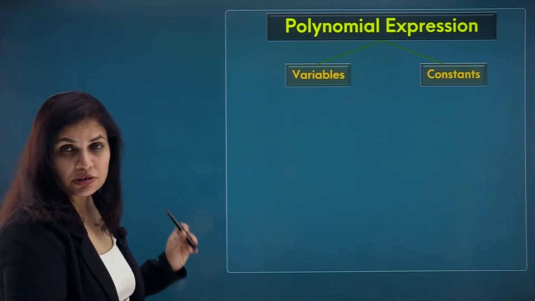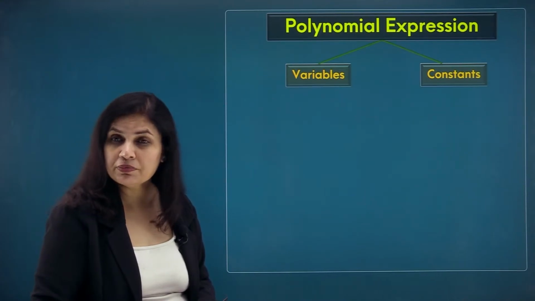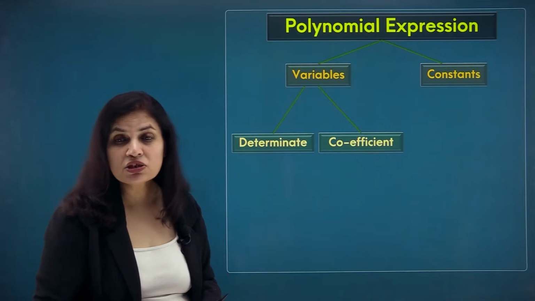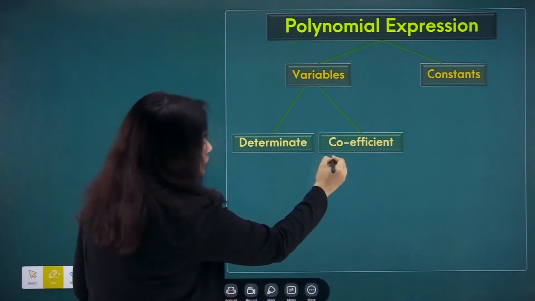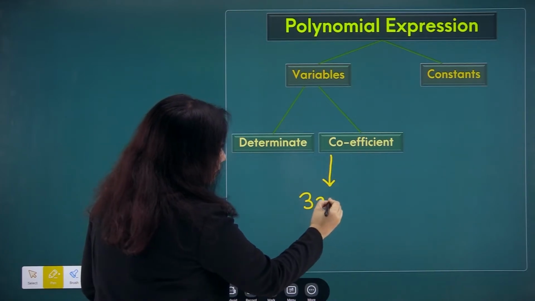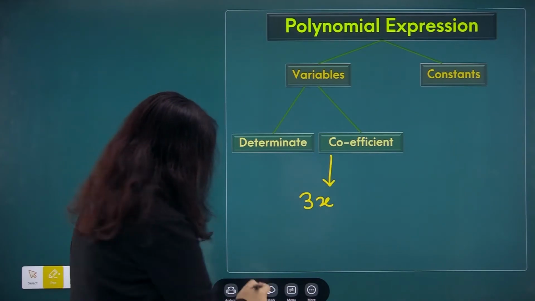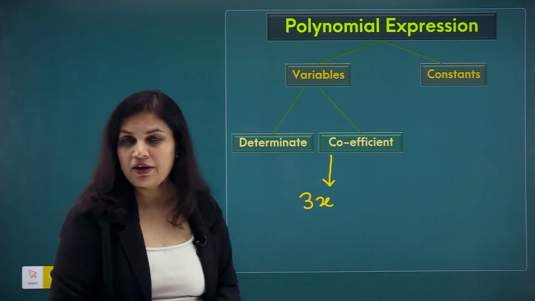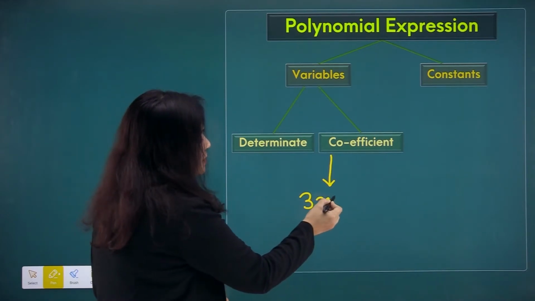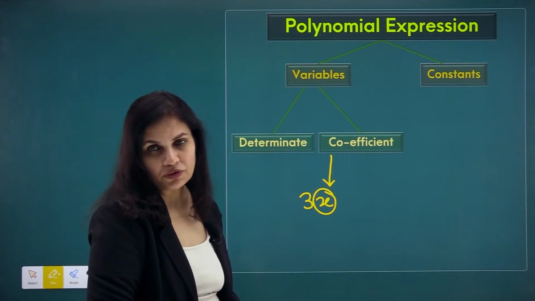Polynomial expressions. As I told you, a polynomial expression consists of variables and constants, where variables are determinants or coefficients. Like if I have 3x as one of the terms, then x is the variable coefficient of the term.